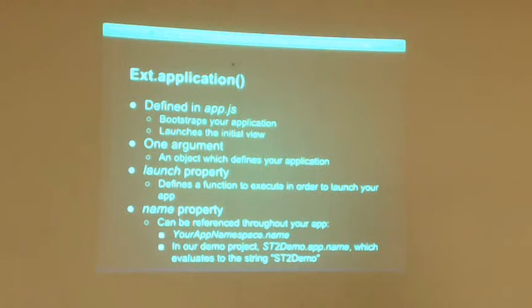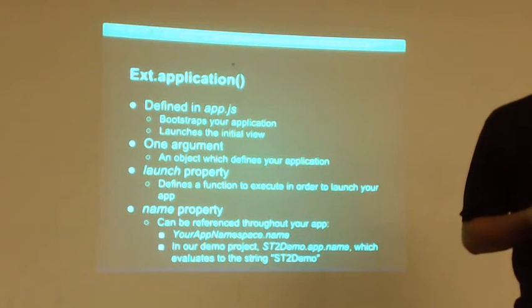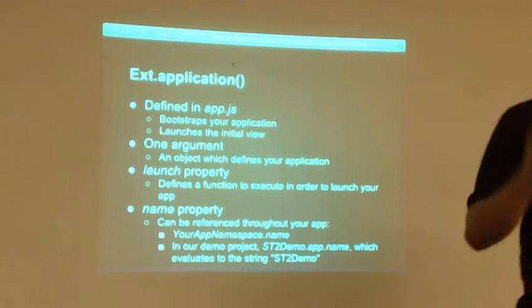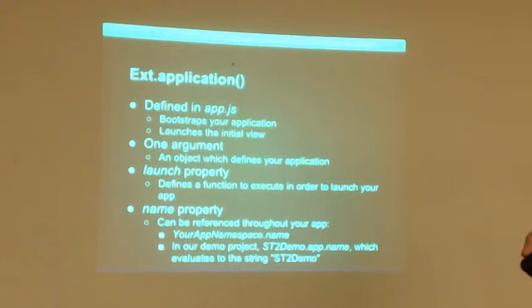So the first thing you do to create a Sencha Touch application is define it with Ext.application. And this is basically what your app.js file contains. What it does is it starts your application and fires up the initial view. In app.js, it's generally very thin.